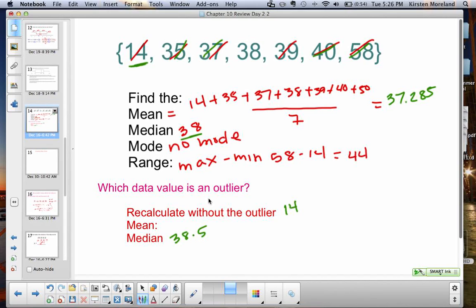I'm going to recalculate the mean without that though. So what I'm going to do is add 35 plus 37 plus 38 plus 39 plus 40 plus 58 and divide by 6 now because I took out that value.